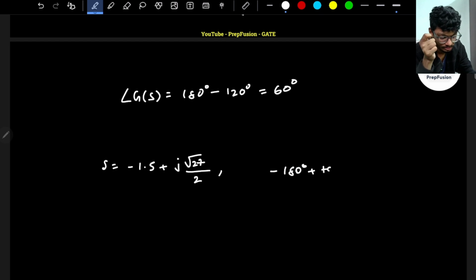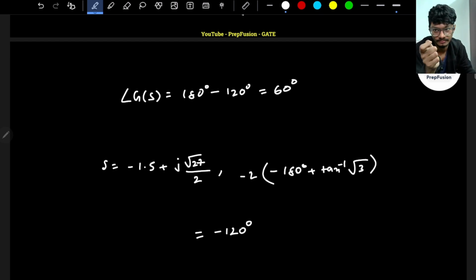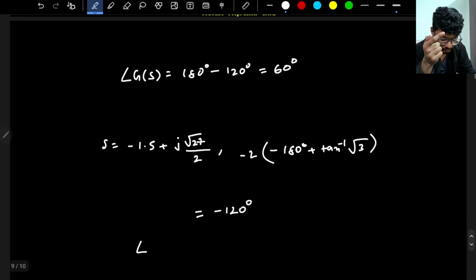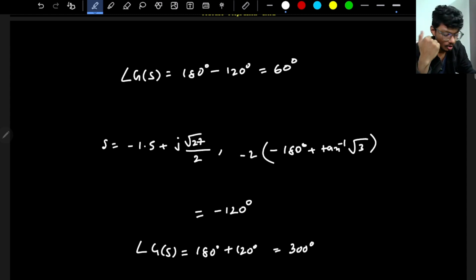Tan inverse root 3, with minus 2 of course there, so this will come out to be minus 120 degrees. Now if I put it in the same equation, my angle of G of s will come out to be 180 plus 120 degrees, so this will be 300 degrees, or I can write it as minus 60 degrees.